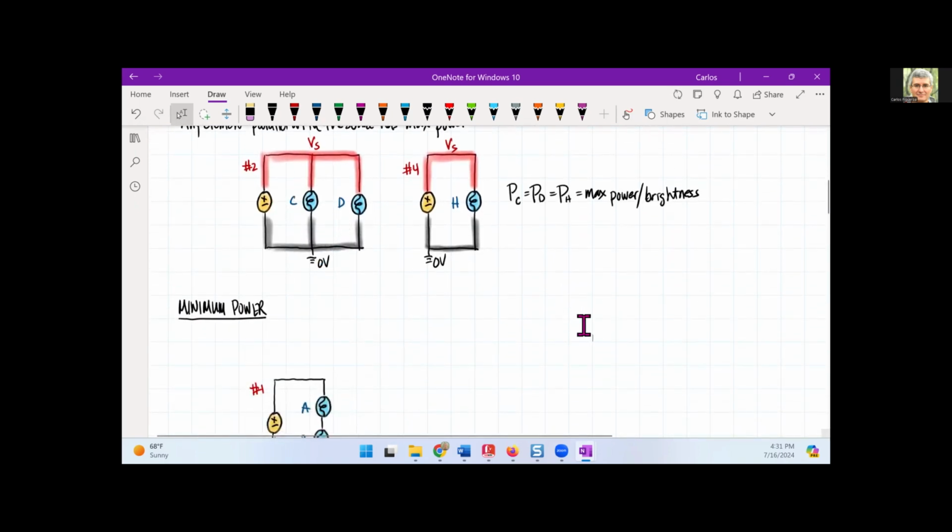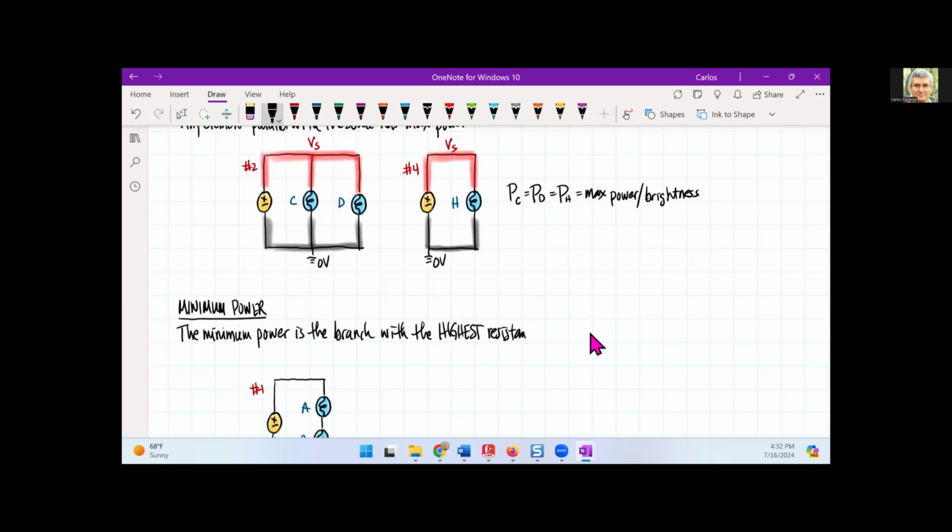And I should probably put that into words, is that the minimum power is the branch with the highest resistance and lowest current.